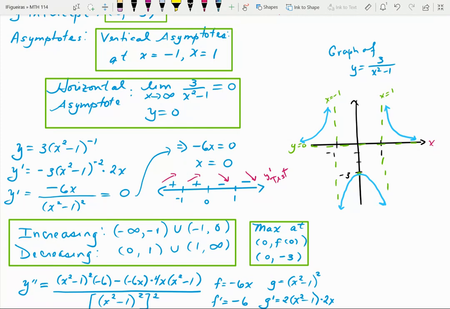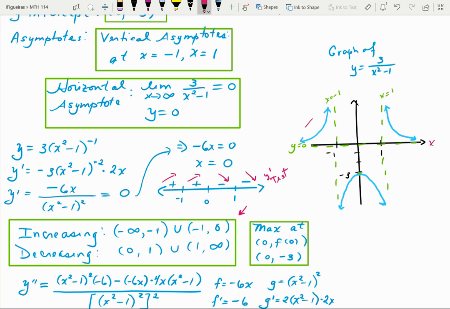Remember, we only had one point, our maximum, which is also our y-intercept, at (0, -3). So that's the point here in green. All right, so now we have to really use all of this other information to get an accurate picture. So we know that the graph is increasing. Looking here in this box, it's increasing from -infinity to -1 and from -1 to 0.